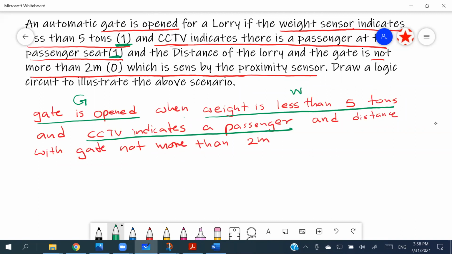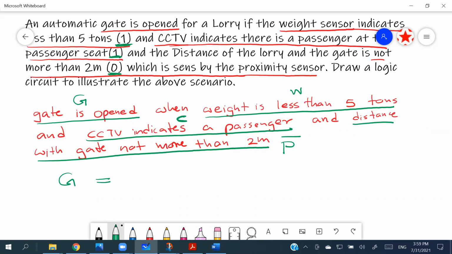So we can take it as C, right? And distance with gate not more than 2 meters. It indicates 0. So if we take P as the proximity sensor, this is going to indicate P bar, right? So how is it going to be then?